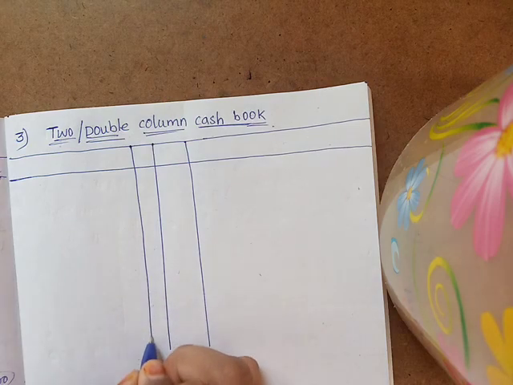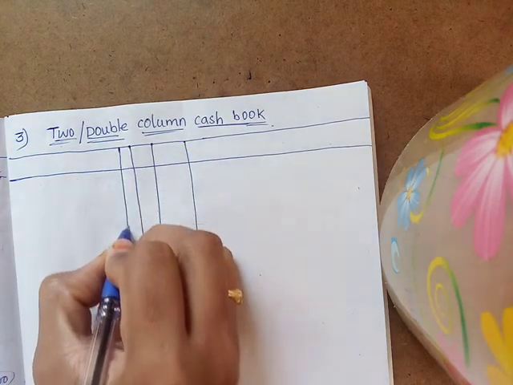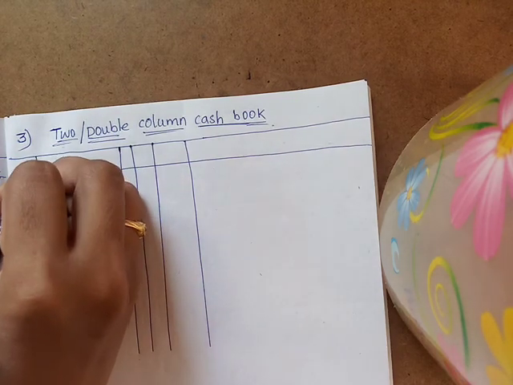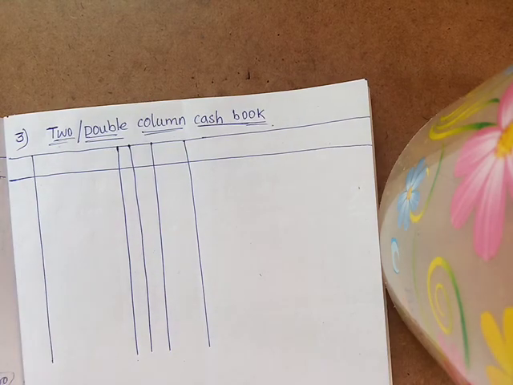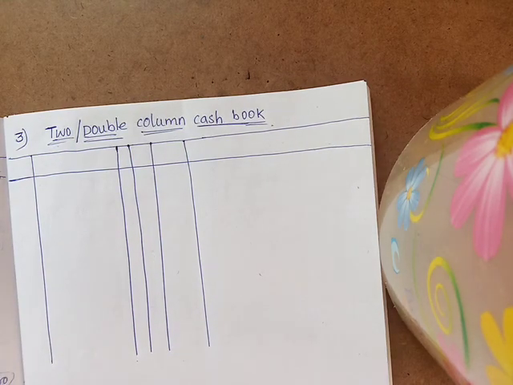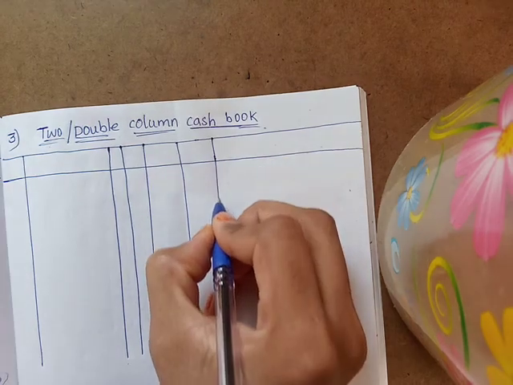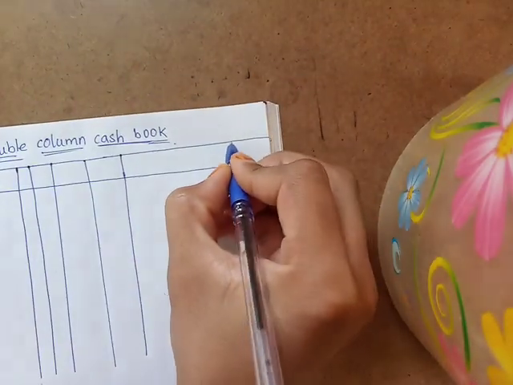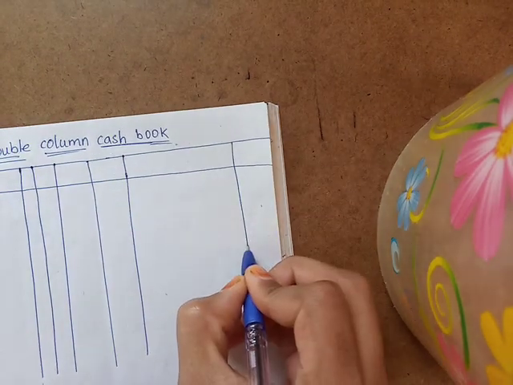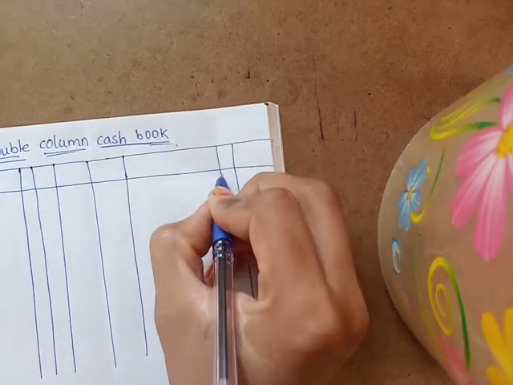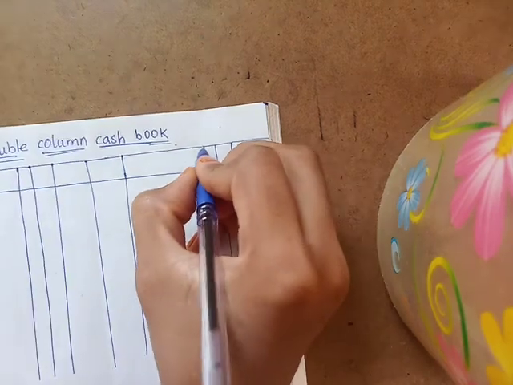Discount allowed and LF number, date, amount, discount received, LF number.